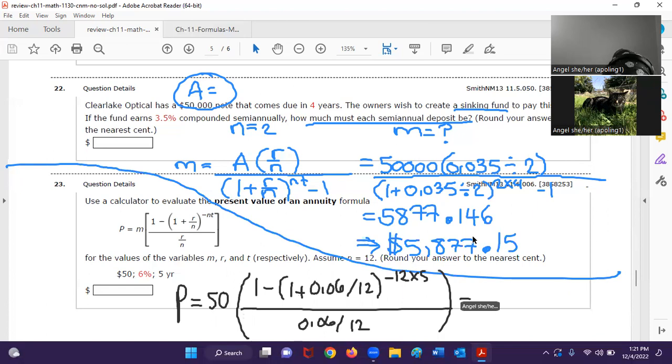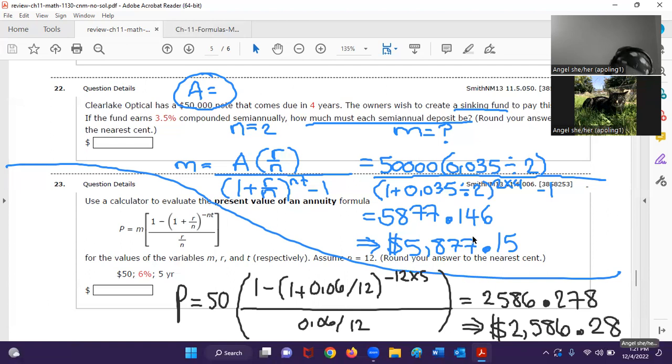We stick that in the calculator, you get 2,586.278, which we now know is $2,586.28.